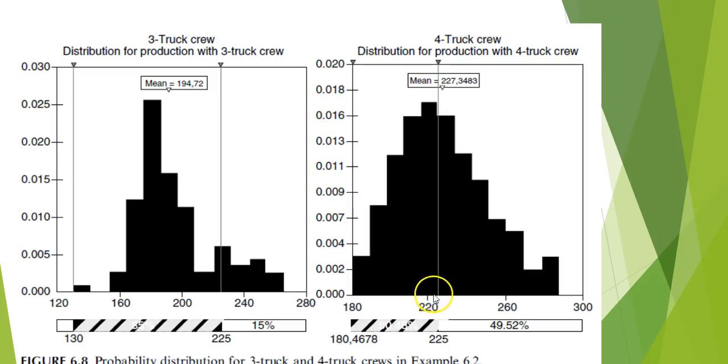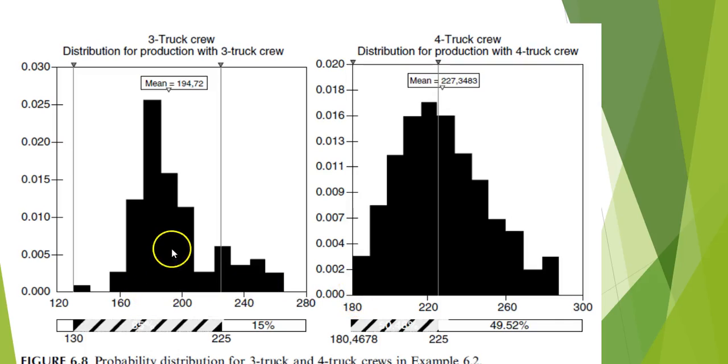And what do you see? First of all, the means are different, right? More production with the 4-truck crew, less with the 3-truck crew, but these ranges overlap each other. So there are times when a 4-truck crew will only get 180 yards of production, and that'd be the same case for the 3-truck crew.